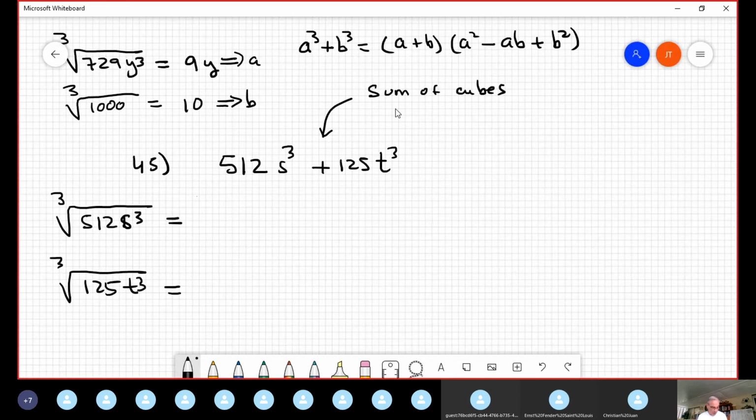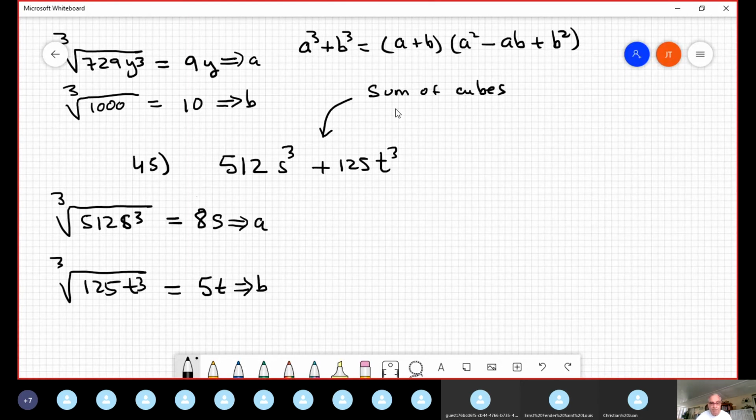I put it in my calculator. Cubic root of 512. What is that? 8S. Very well. And the cubic root of 125 T cubic is 5T. Very, very well. And this is my A, and this is my B.